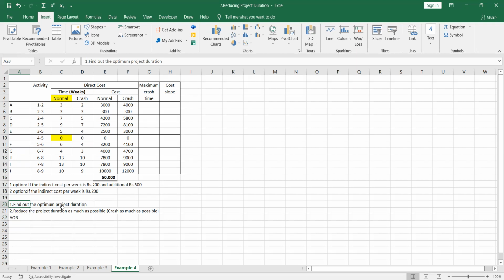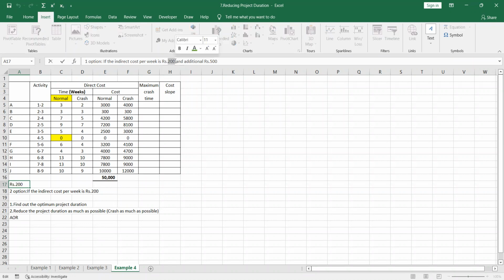In finding the optimum project duration, you are given 2 options. The first option is given if the indirect cost per week is 200. Per week, the indirect cost is 200. That means that within the number of weeks, you have to multiply that. I am having 5 weeks.